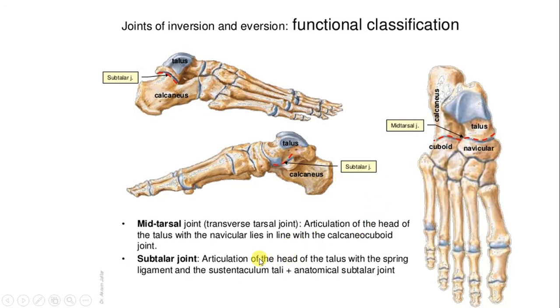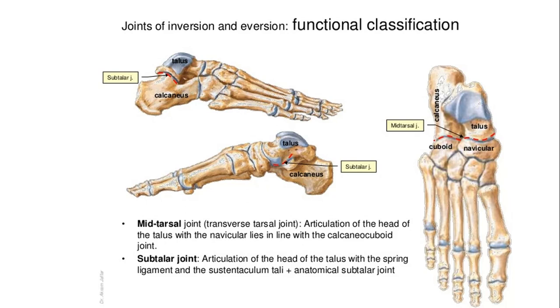Subtalar joint is the articulation between the head of the talus with the spring ligament and the sustentaculum tali, the anatomical subtalar joints. So the talocalcaneonavicular joint will be the subtalar joint. So, mid-tarsal and subtalar joints.